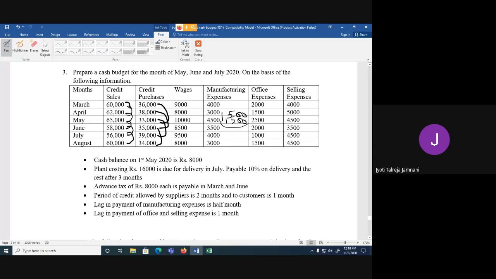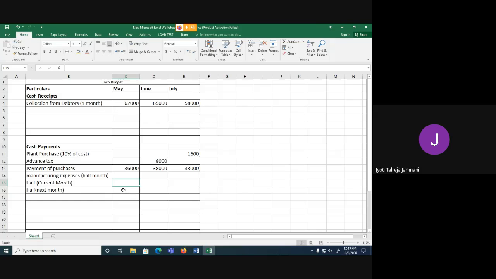So this 1,500 of May is important, which we have to take. Okay, so where will I take it? I'm going to take it here in that next month figure, because it is not May manufacturing expenses, it is April manufacturing expenses. For April, next month is May. So we are taking it in the next month of April.